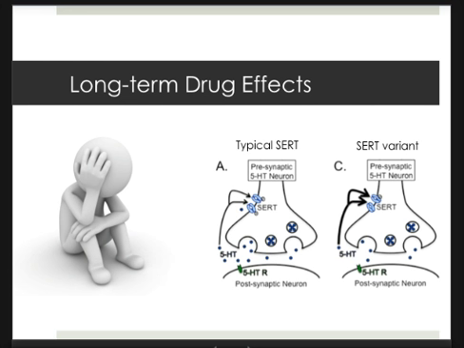That is to say that the book for the serotonin transporter has different instructions than what most people have. This difference in instructions causes a different type of serotonin transporter to be made in the factory. For people with depression, this particular difference causes a serotonin transporter to be made that works better than normal. So here's a typical SERT, and then here's a SERT variant with these bolder lines.